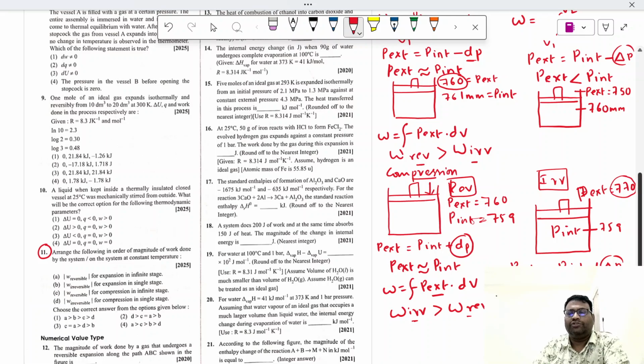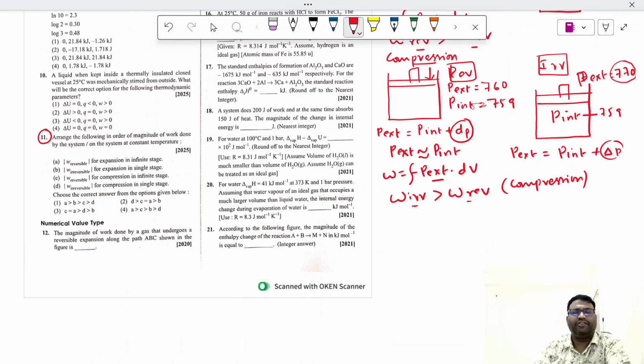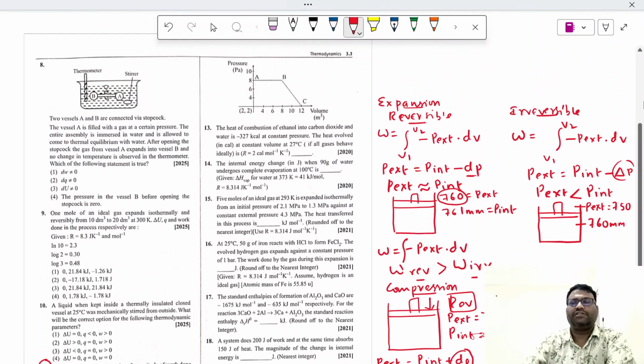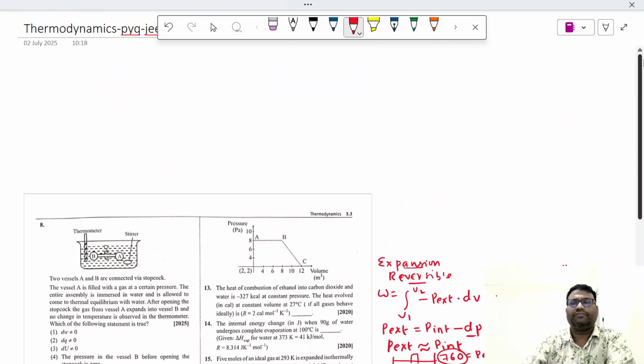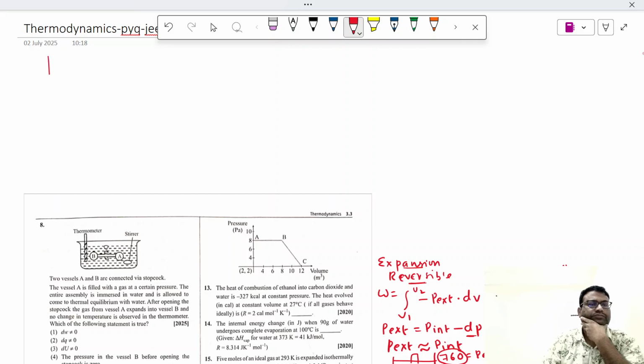Okay. So if you represent it in terms of a graph, let us draw a graph for this. This is the PV graph.